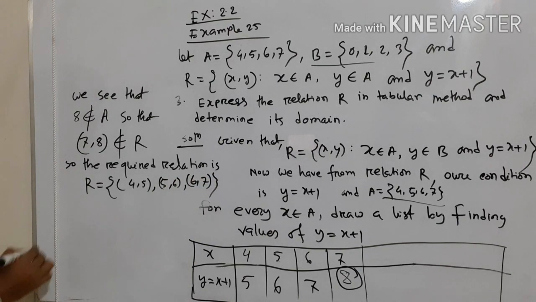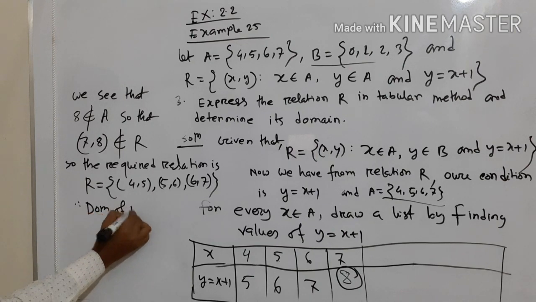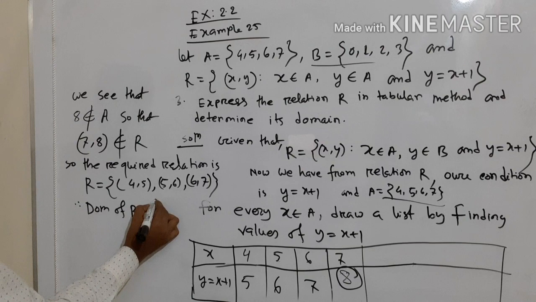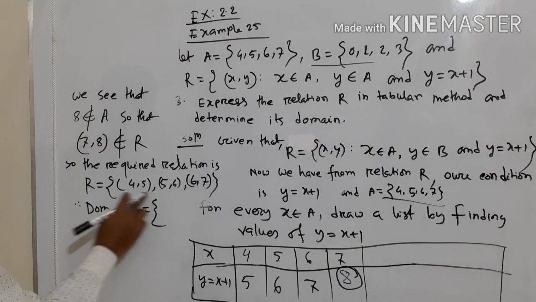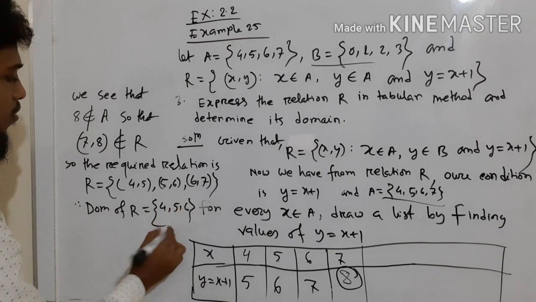So the domain of R equals the first elements of this relation: 4, 5, 6. This is our answer.